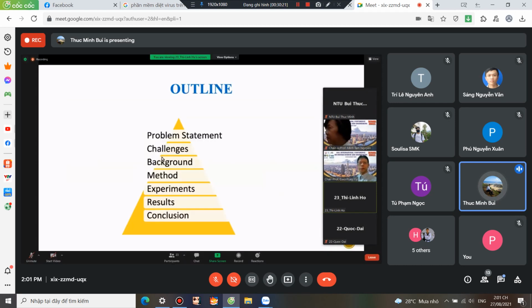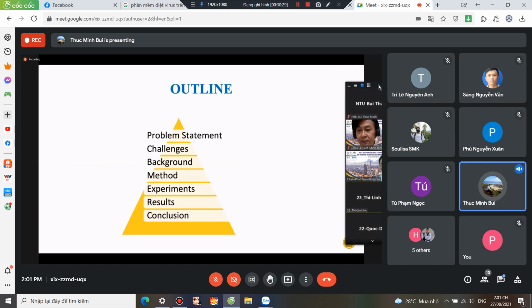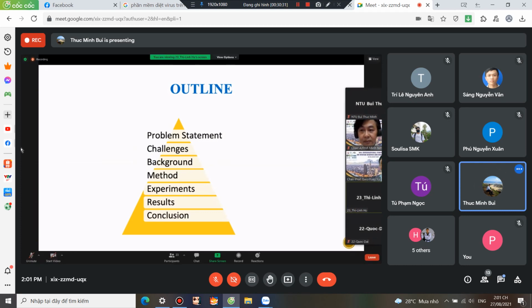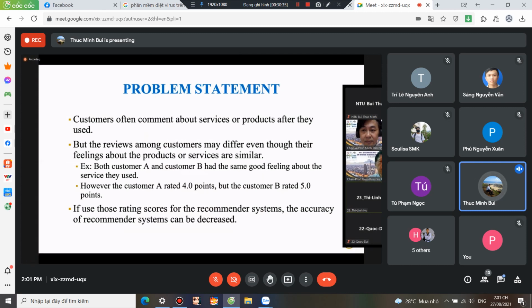My presentation has one session including problem statement, challenge, background, methods, experiments, results, and conclusion. Today, customers often comment about services or products after review, but the ratings among users may differ even though their feelings about the product or service are similar.